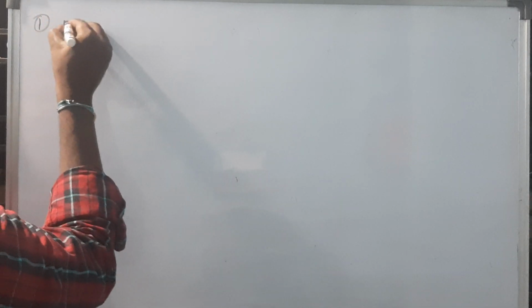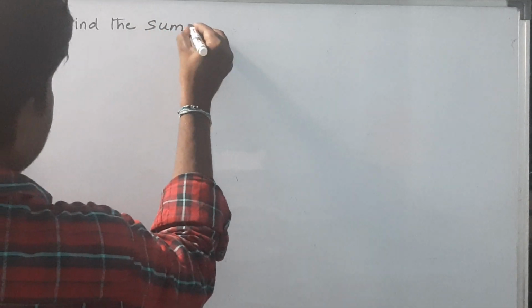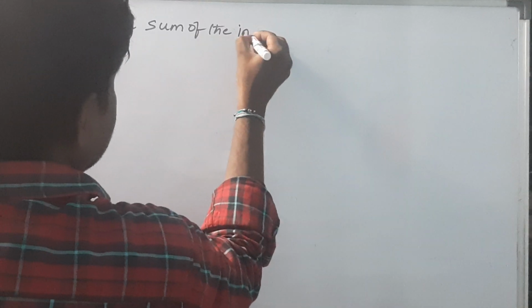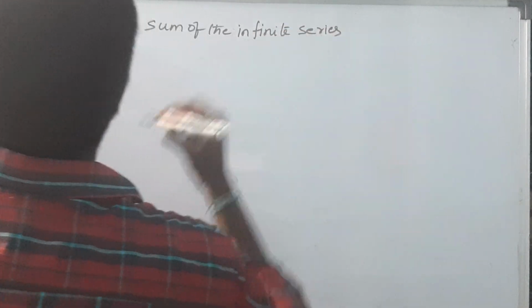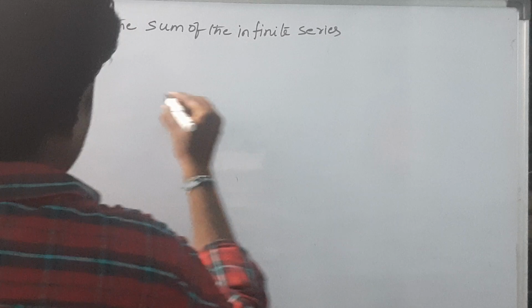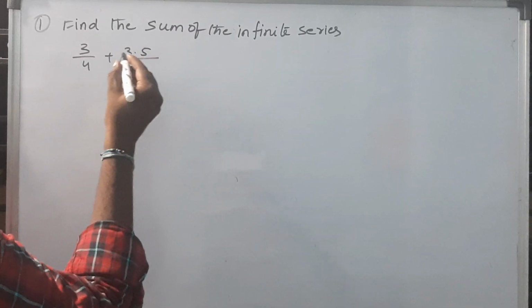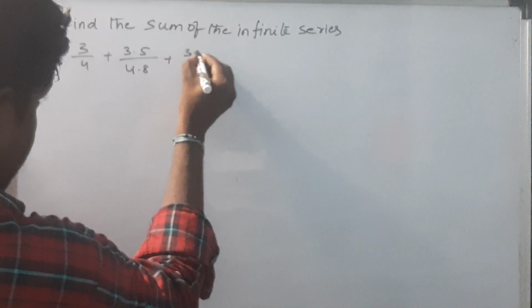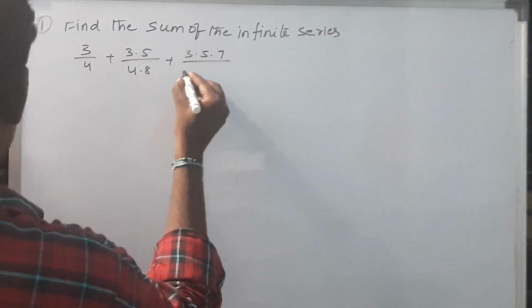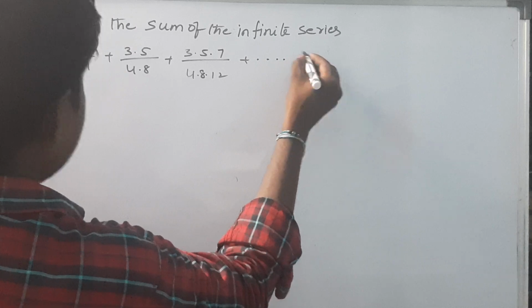Find the sum of the infinite series 3 by 4, plus 3 into 5 by 4 into 8, plus 3 into 5 into 7 by 4 into 8 into 12, plus and so on to infinity.